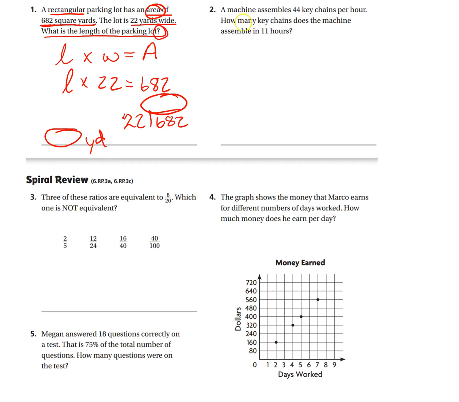All right, number 2, a machine assembles 44 keychains per hour. How many keychains does the machine assemble in 11 hours? Okay. 44 keychains per hour times 11 hours.